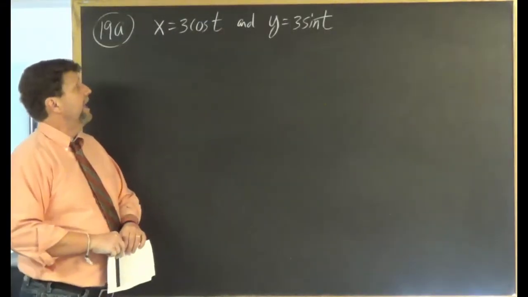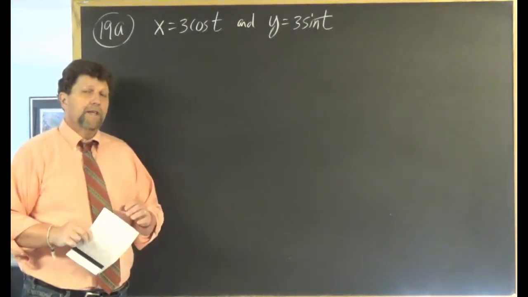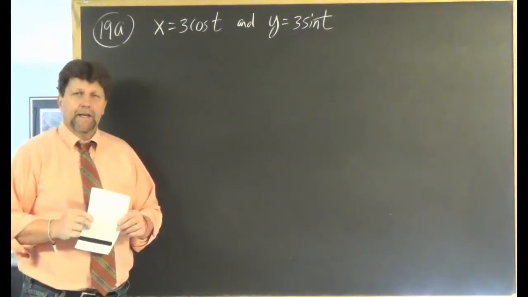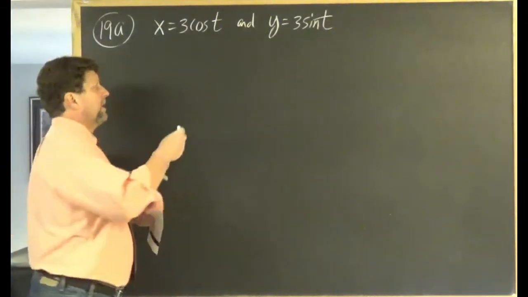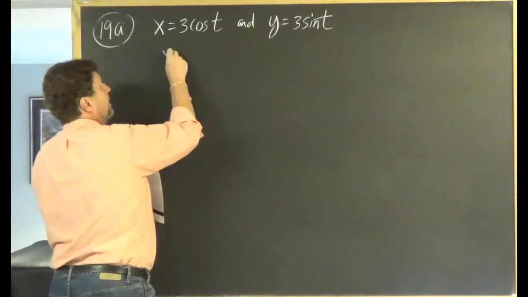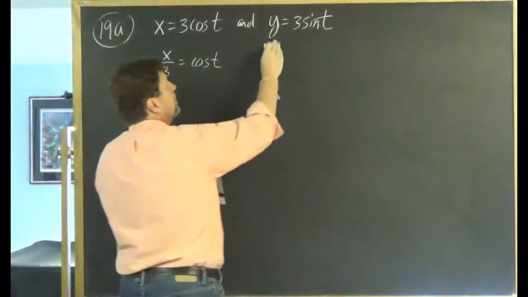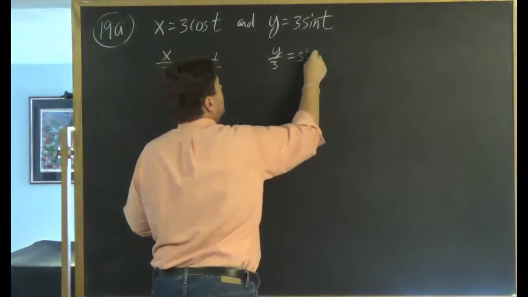All right, in 19A, you were given x equals 3 cosine t and y equals 3 sine t. Eliminate the parameter, get a rectangular equation. Hopefully you were pretty dialed in and you immediately looked at this and said, well, x over 3 is cosine t, and y over 3 is sine t.